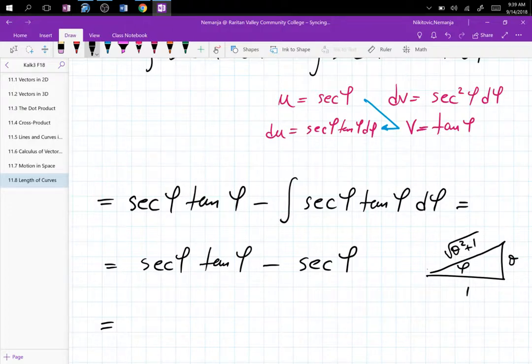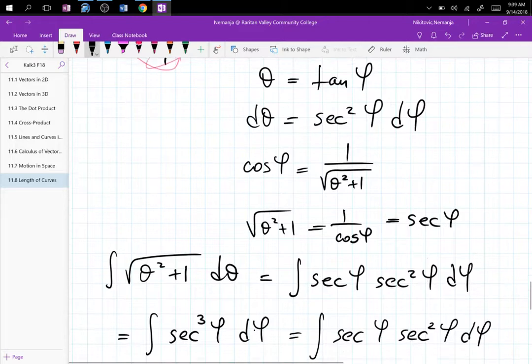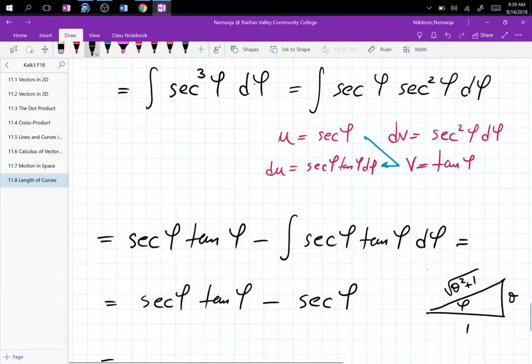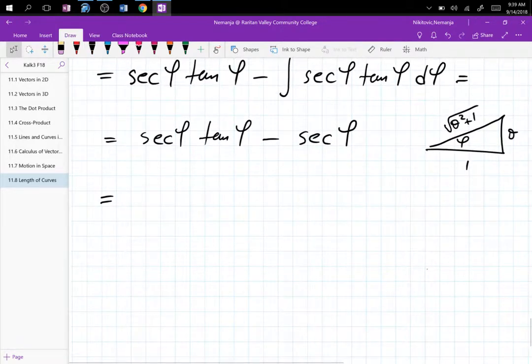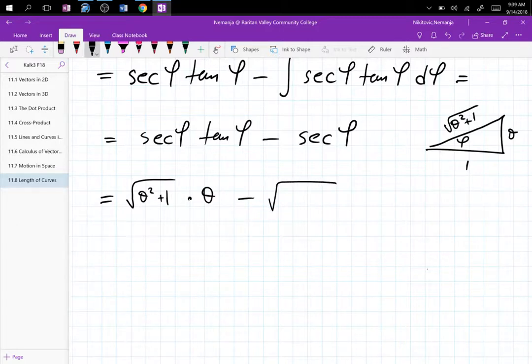You have to do much more algebra to do that conversion. Now, I just read these things off of the chart. Secant is the square root of theta squared plus 1. Tangent was just theta.